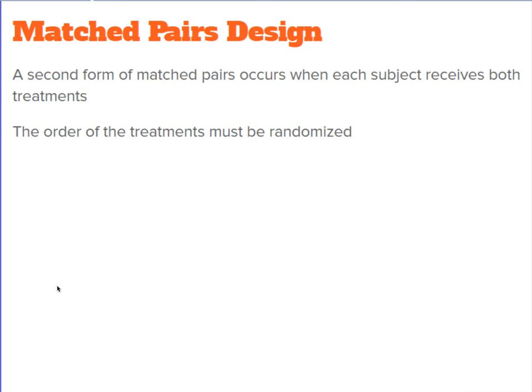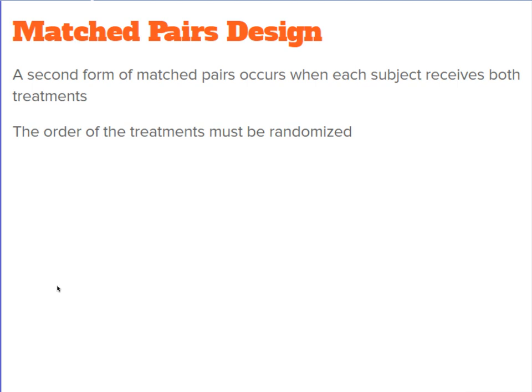We can't really compare two people's times, one person running with water and one person running with Gatorade, because one person could be a better runner than the other, and that's why their time would be faster. So in this case, we would do a matched pairs design where they would run twice. The same person would run drinking water, and then run again drinking Gatorade, and we would compare their times.